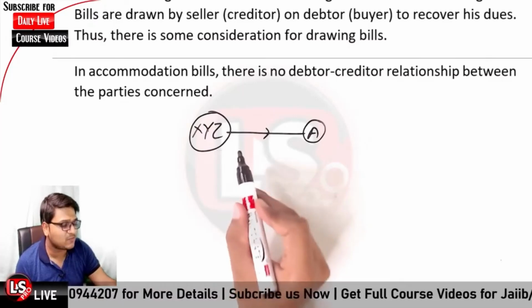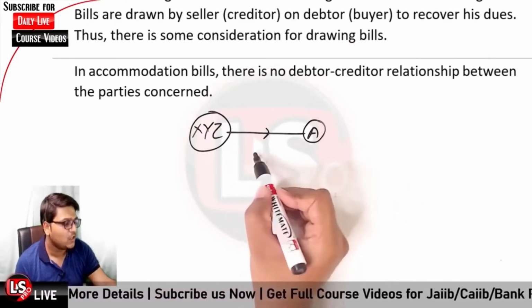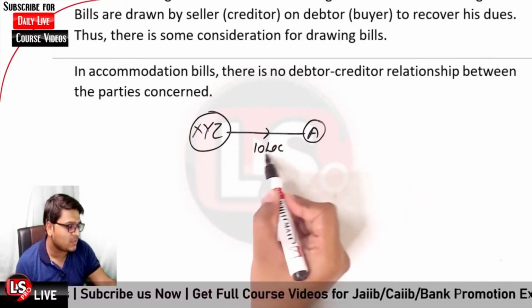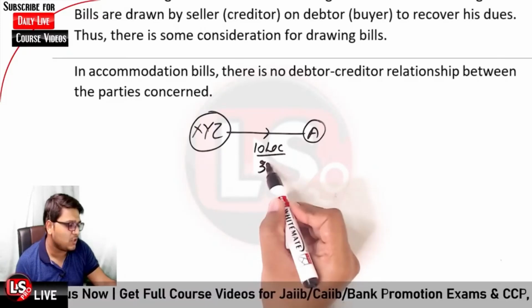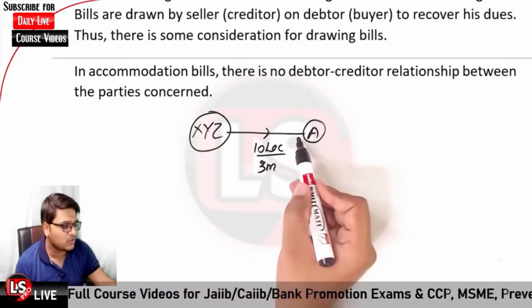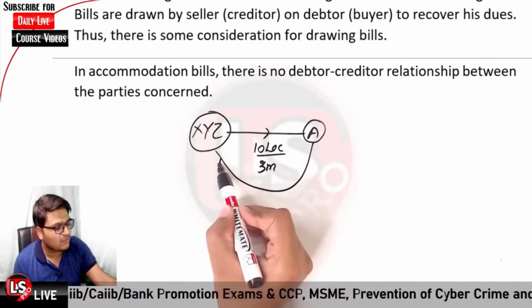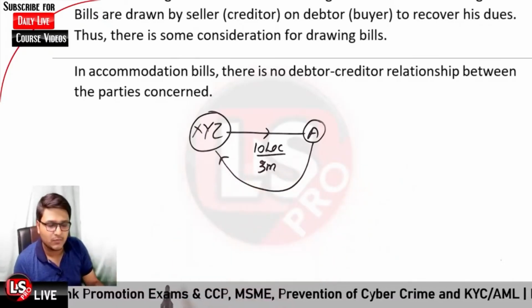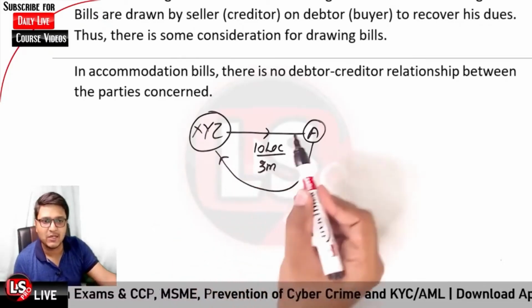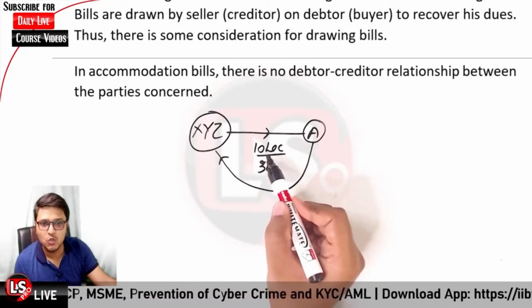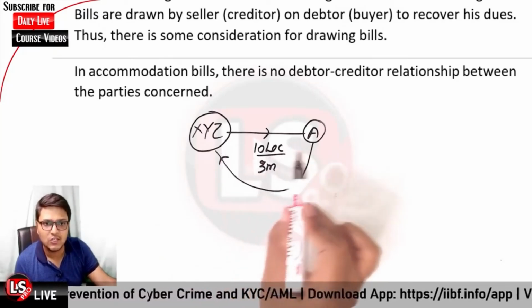Okay, but a bill has been drawn by XYZ on A so as to pay a sum of rupees 10 lakh after a period of 3 months. Now this particular bill was drawn on A and further accepted and given back to XYZ over here. Okay, now there is no debtor-creditor relationship between them because there is no legal consideration between them.